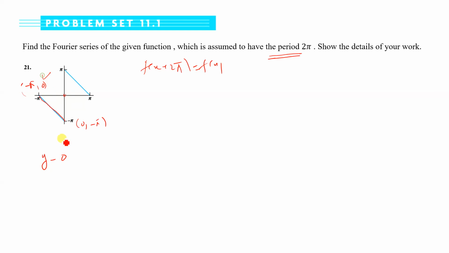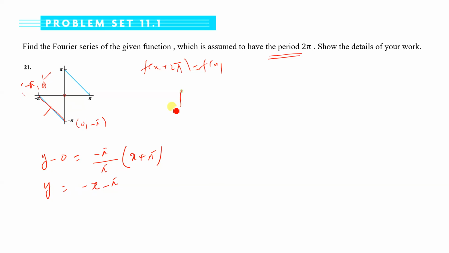Let me consider the point here. So slope is y2 minus y1, that is minus pi, divided by x2 minus x1, that is pi, times x plus pi. Okay. So it means y is equal to minus x minus pi. So this is the equation of this line.